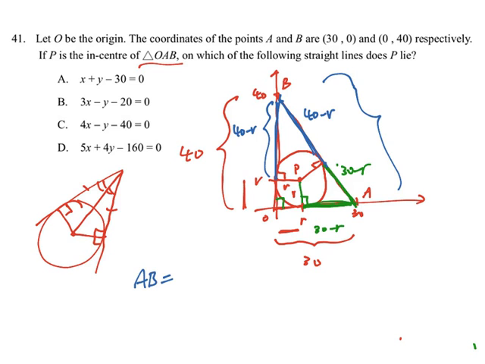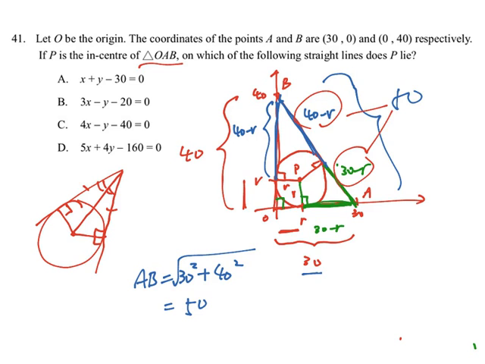So AB is equal to the square root of 30 squared plus 40 squared. It is 50. This one is 50. So that means when we add these two together, it is also 50.